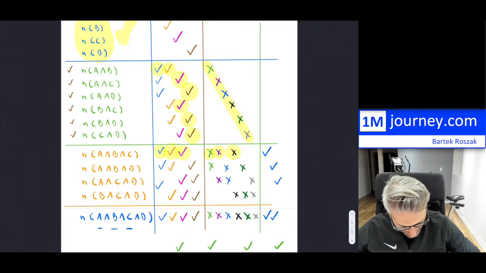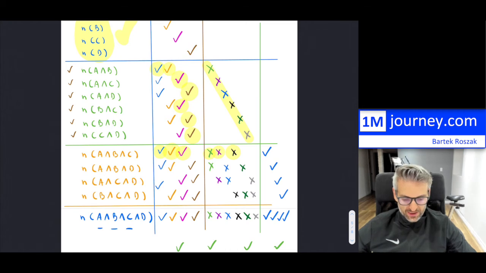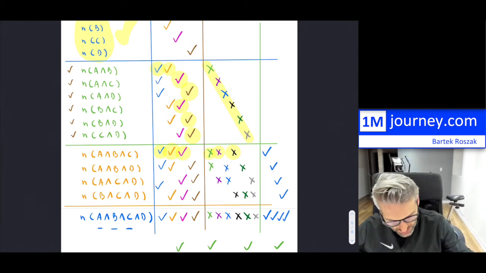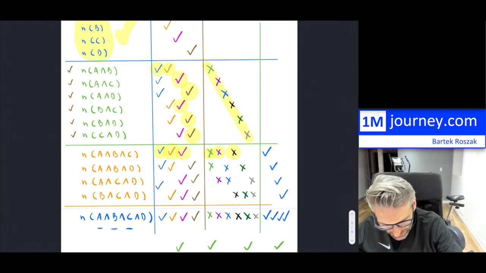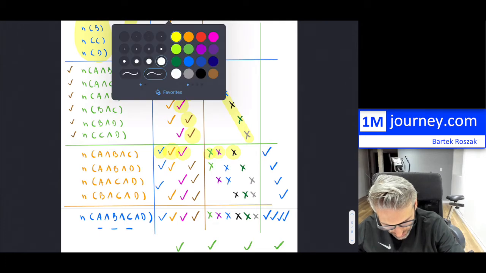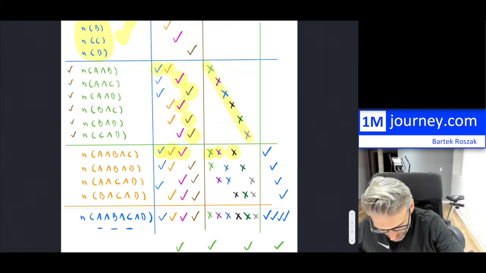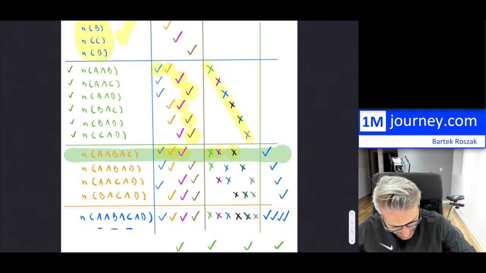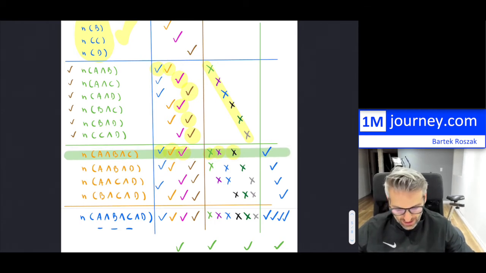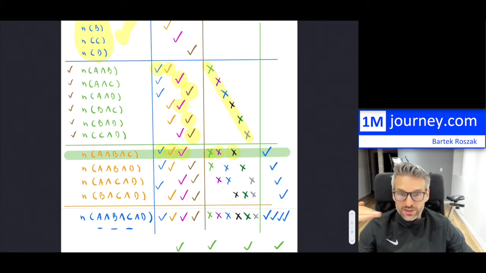If I count this, again, I count that. If I count this, so now this gets counted. But now notice that within each of these rows, if you count up the check marks and the subtractions, the crosses, you only have 1 again. So that now only gets counted once.